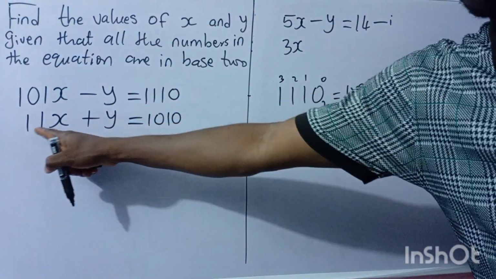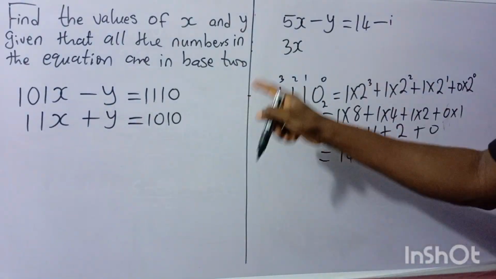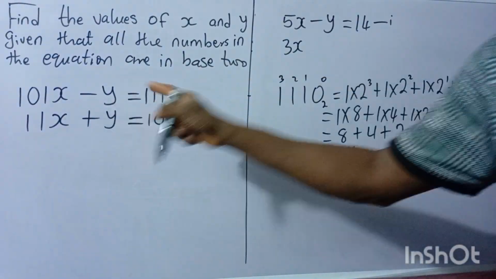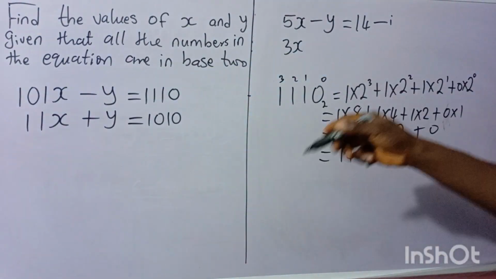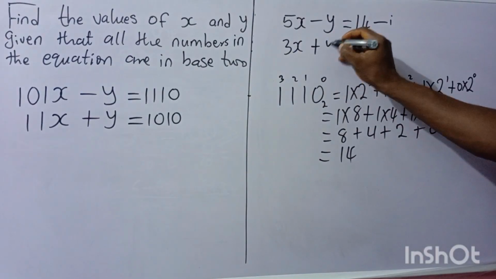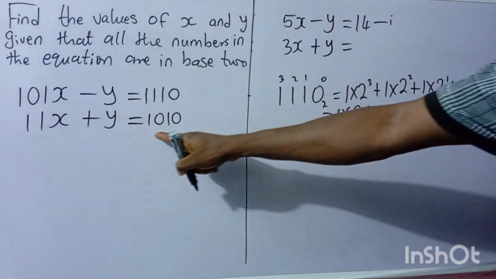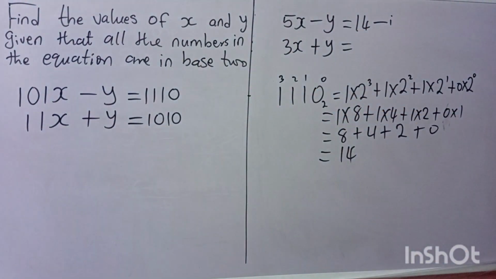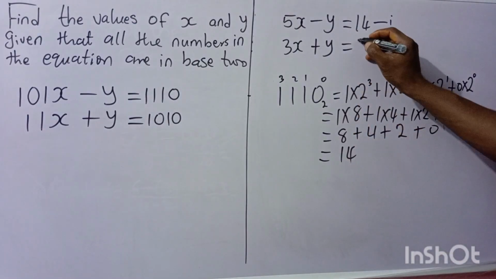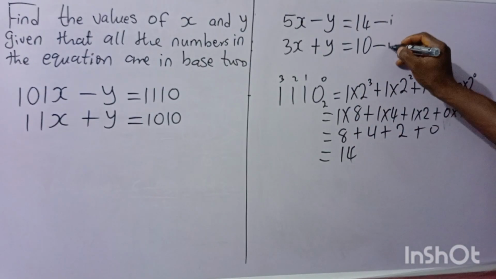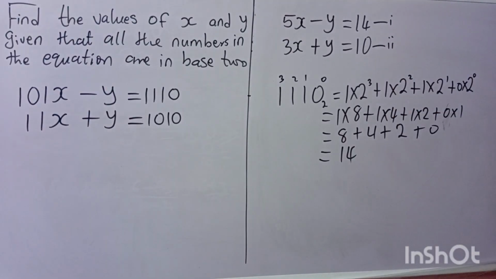That's when you convert 1, which is in base 2, to base 10, you are going to have 3 there. So the same as what we did in the first equation, plus y is equal to, when you convert this, which is in binary, to base 10, you will have 10. Let's call this equation number 2.